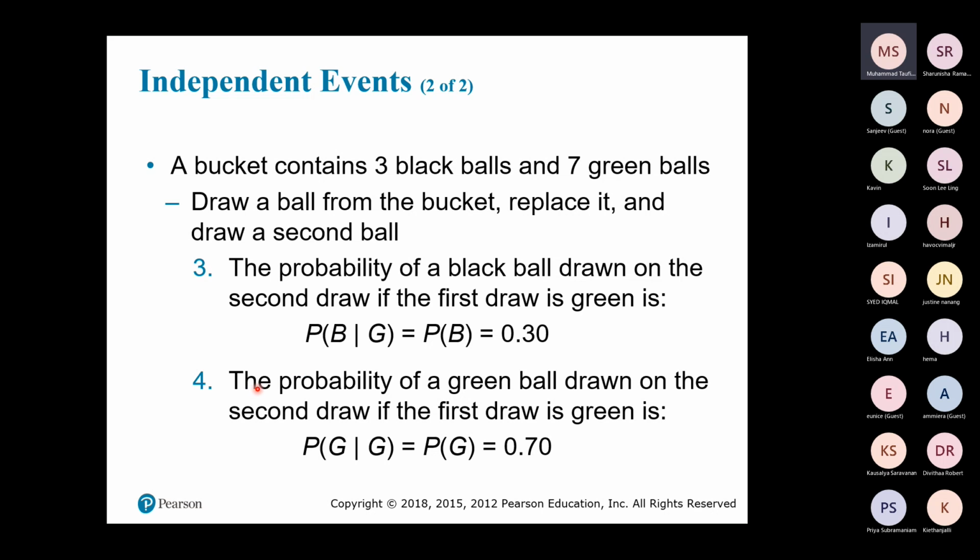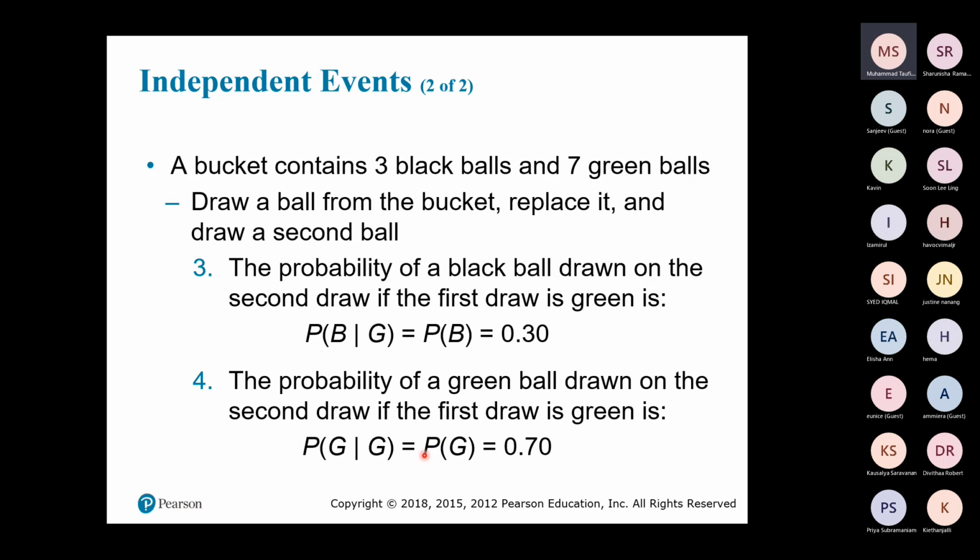So what is the probability of getting a green ball after you draw a green ball? It means the first pick you get a green ball, and then the second pick you get a green ball. What is the probability of getting a green ball in the second try, after you get a green ball in the first try?